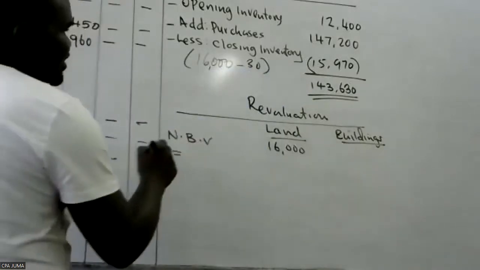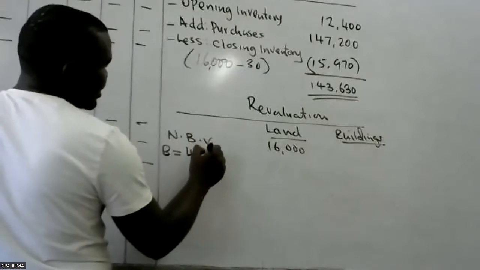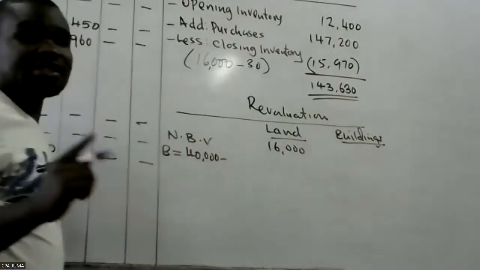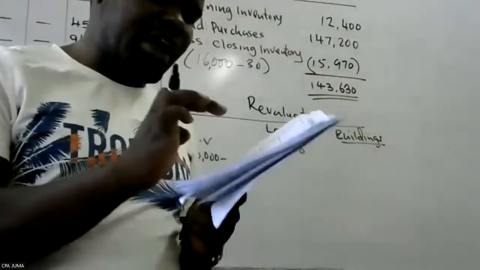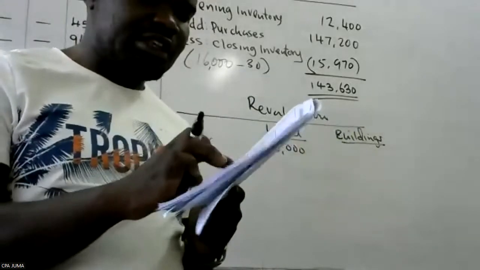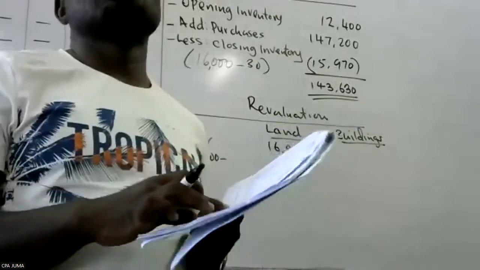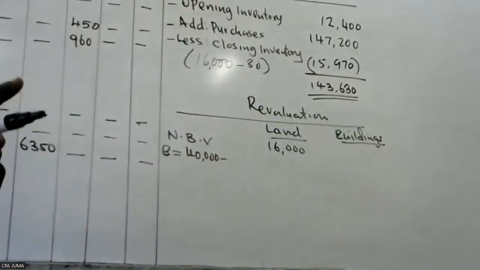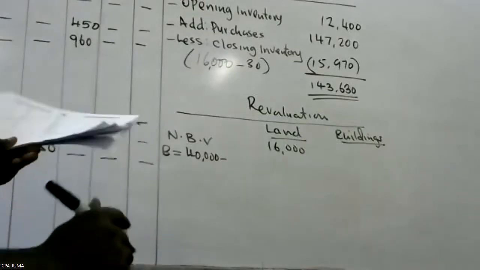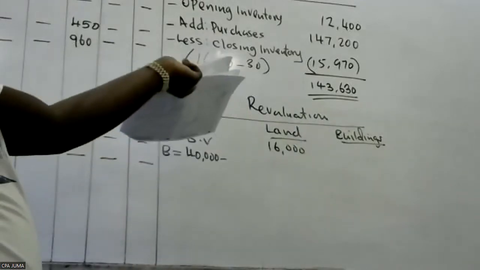So building is 40. I hope everyone sees where 40 is coming from. In the trial balance, they have said land and buildings 56, in bracket land 16. So building is the difference, minus accumulated depreciation to get net book value.